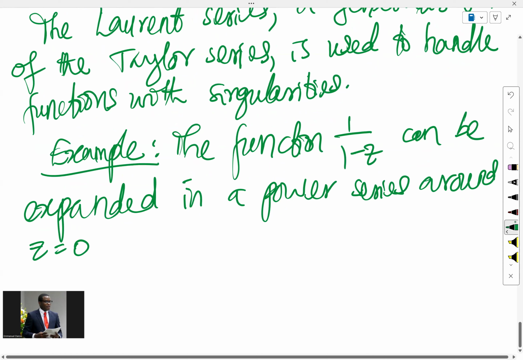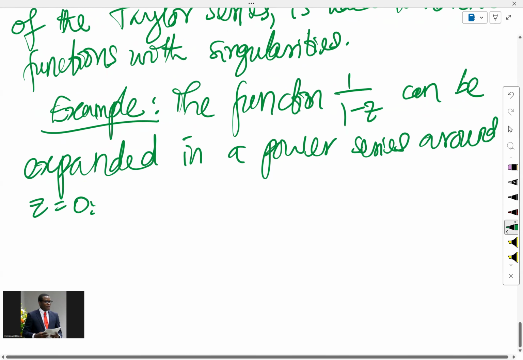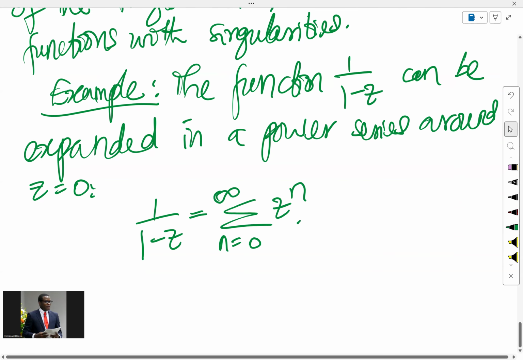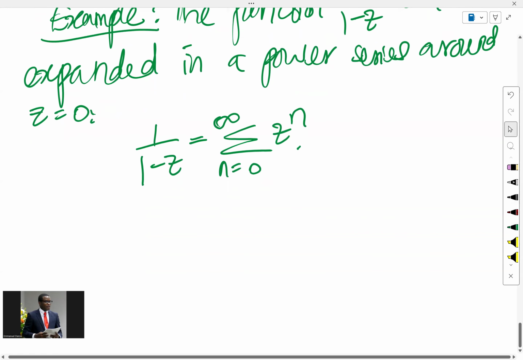When z is 1, you have 0 under there, and that will be undefined. So it can be expanded in a power series around z equals 0, such that 1 over 1 minus z looks a lot like the geometric series. We have summation from n equals 0 to infinity of z raised to power n. So this series is really important in complex analysis.